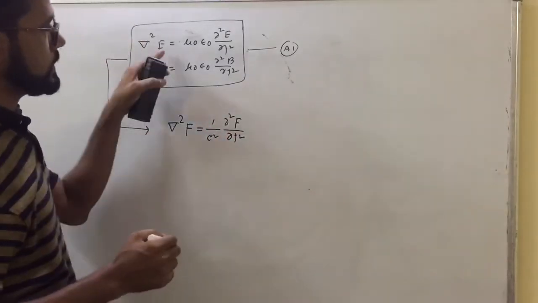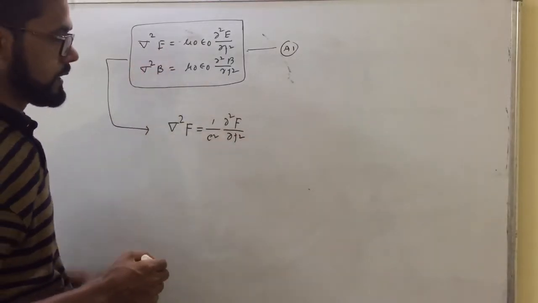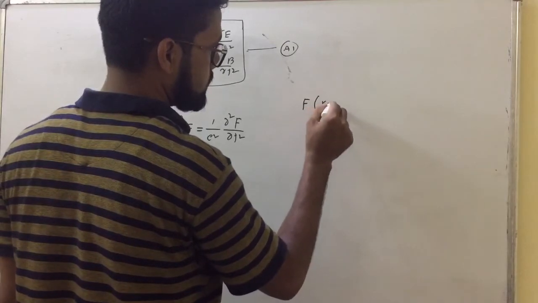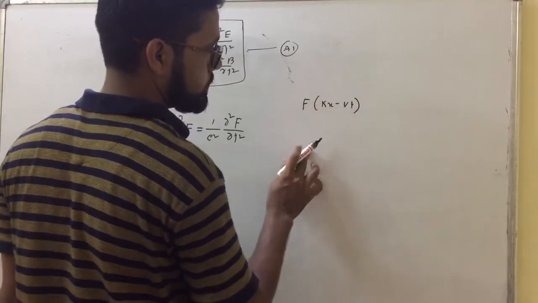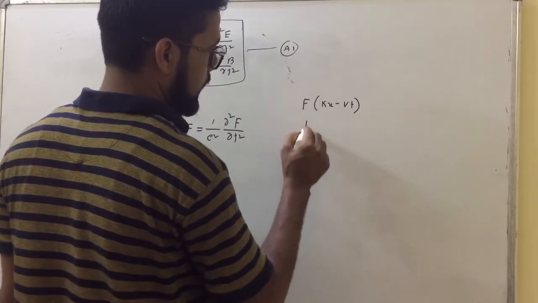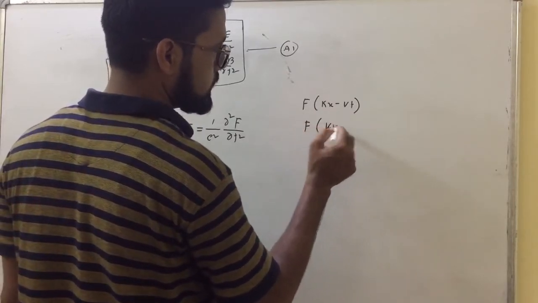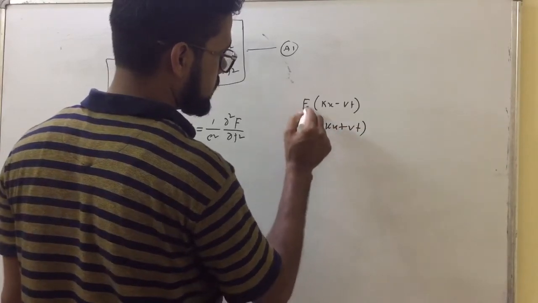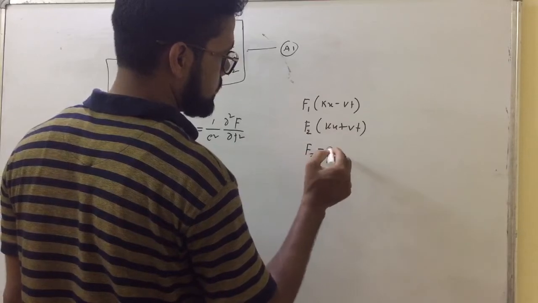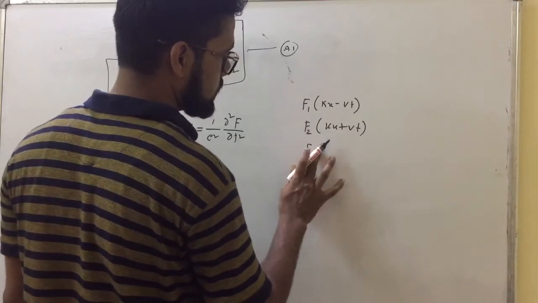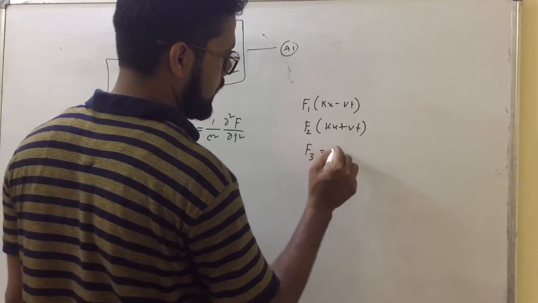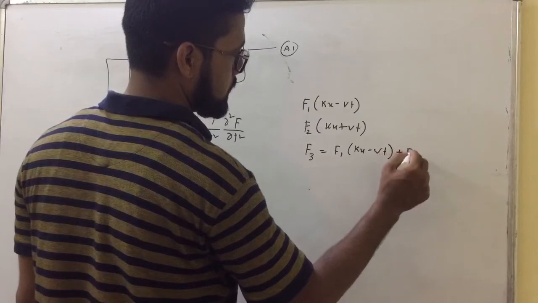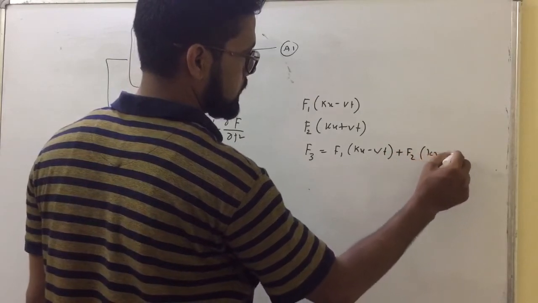Don't confuse, F means it may be E, it may be B. Okay, for the general solution, I will take F equal to f(kx minus omega t) as one solution, and F equal to f(kx plus omega t) as the second solution. And the third solution is F equal to F1(kx minus omega t) plus F2(kx plus omega t).